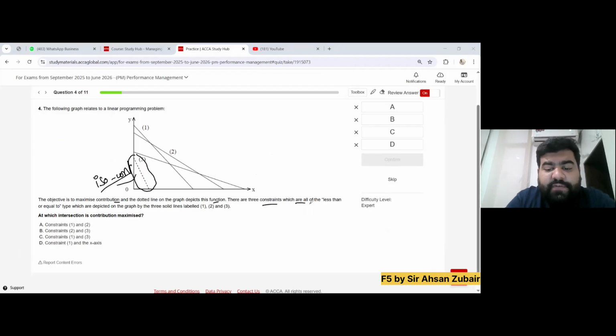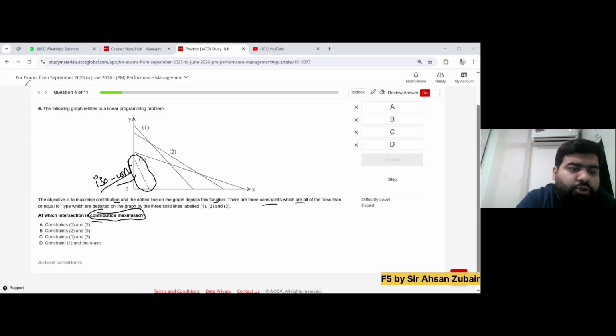There are three constraints of the less than or equal to type, which are depicted on the graph. You have just plotted all the constraint lines here, just as we have done in practice. They're asking at which intersection the contribution is maximized. Obviously it's very easy.